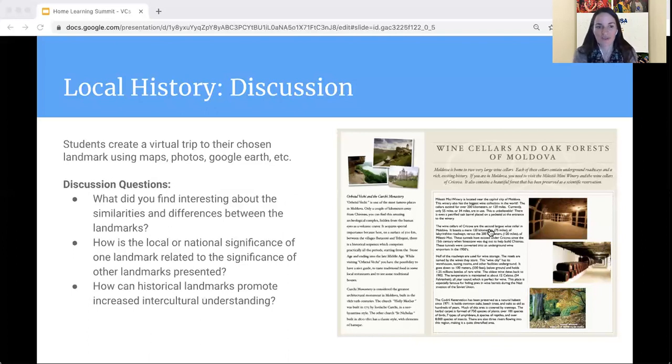So is there some sort of theme that they see? And then finally, how can historical landmarks promote increased mutual understanding, intercultural understanding? So especially if you're looking at some of those landmarks that promote peace, or just sharing about the community and what the community values, how can that help promote their intercultural understanding?